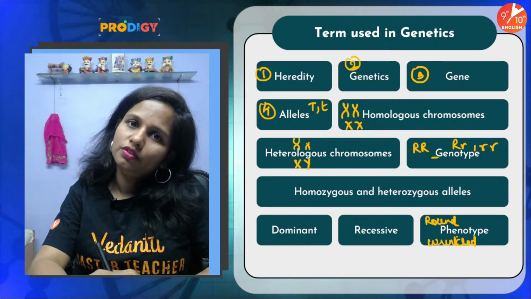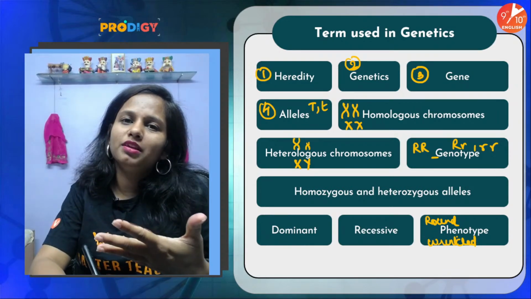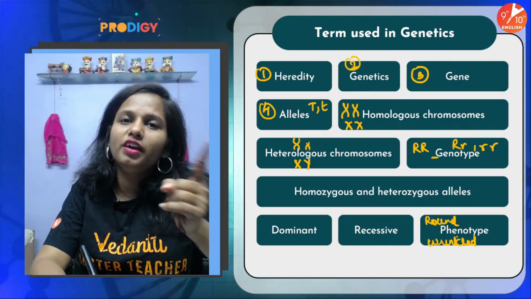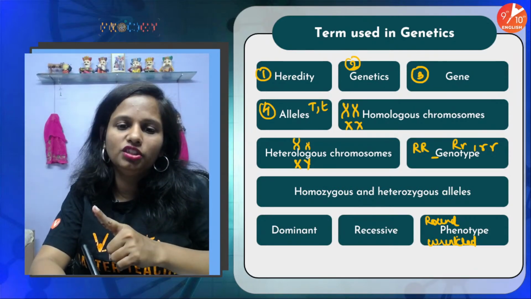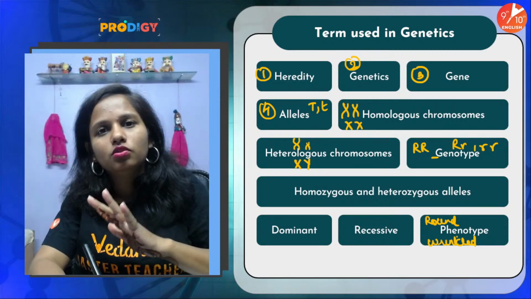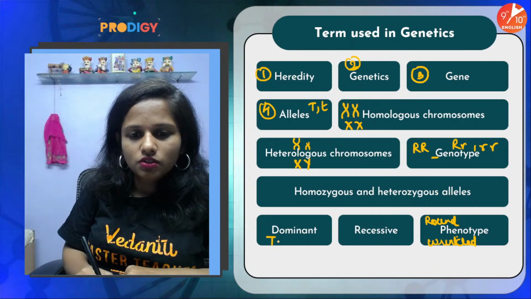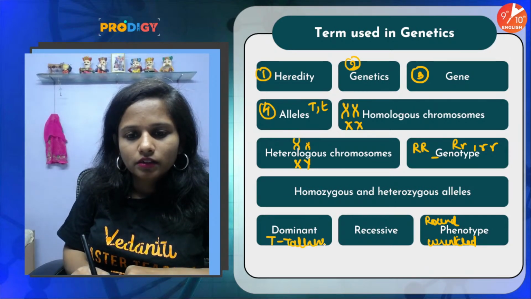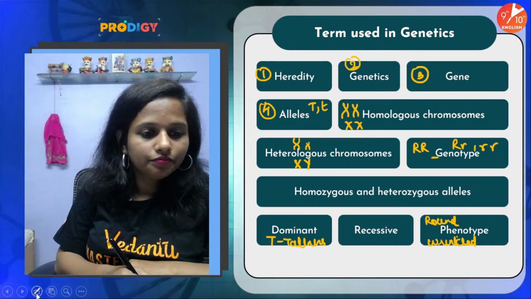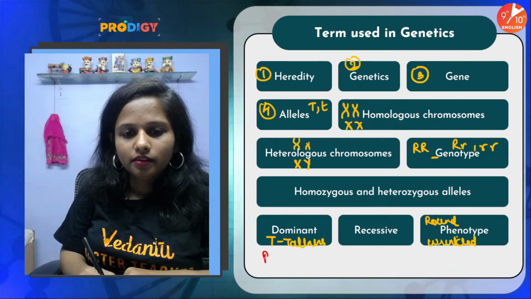Dominant and recessive: the alleles which express themselves even in the presence of an alternate form of a gene are called dominant alleles, like tallness controlled by capital T, है ना? Then capital R responsible for round seeds.